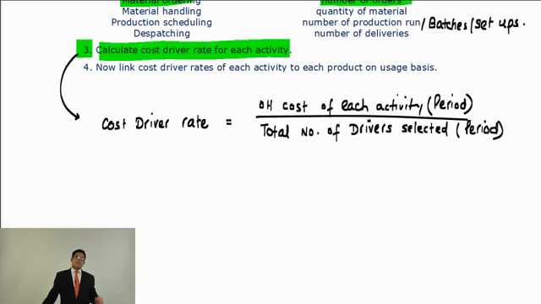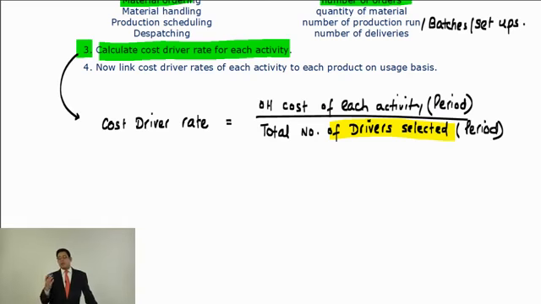One thing sometimes examiners do to confuse us in the exams, which is not too difficult, is that they don't give us the drivers for the period. They may give us purchase orders for each product separately, or they may give us purchase orders for each batch separately. You must make sure of one thing before you set up this formula.